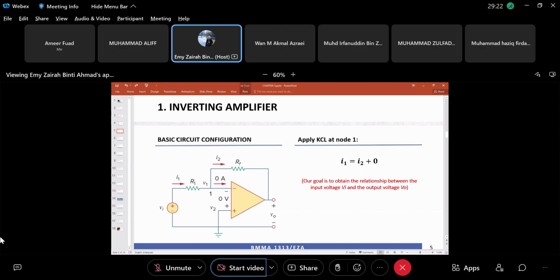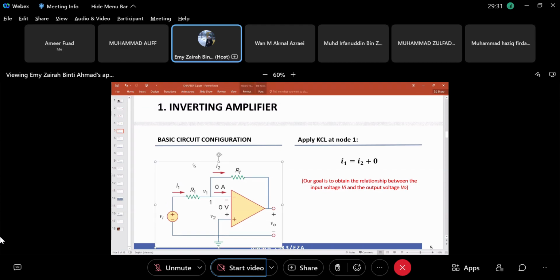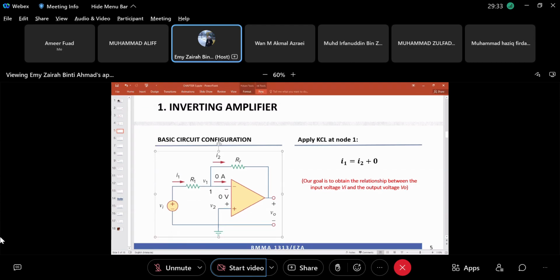In your case, you will have this circuit only with different resistance values. We will only change the resistance values R1 and RF. What is RF? RF is known as feedback resistance. Feedback resistance is actually like a control. It tells the system when to stop.